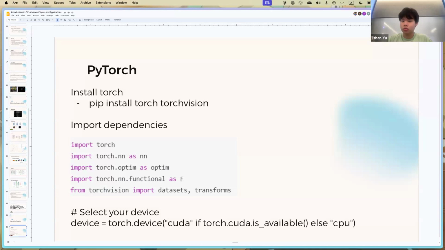One more thing about PyTorch: it has a very easy integrated ability to work with CUDA. Do you guys know what CUDA is? Okay, cool. You guys know what NVIDIA GPUs are, I'm assuming. CUDA is basically a programming language that you can use on NVIDIA GPUs.